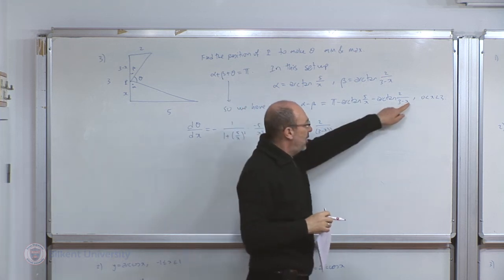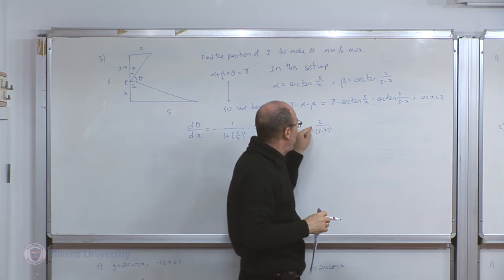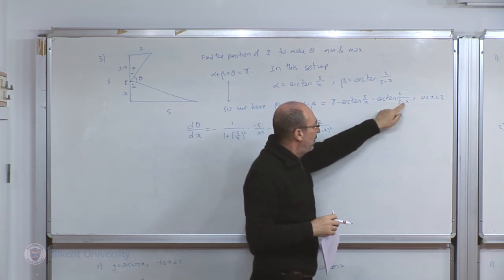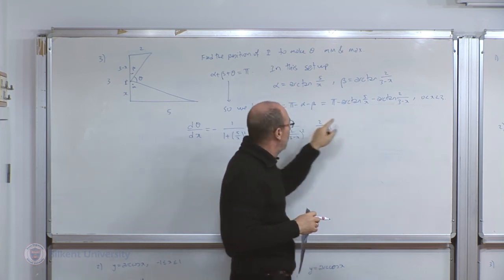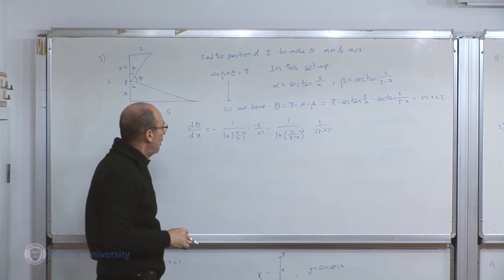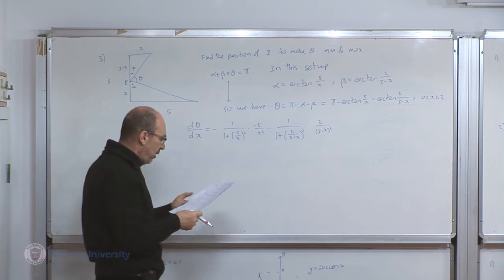This has power minus 1, so I have minus 1 here, but after I take the derivative, again by chain rule, I take the derivative of the inside, which gives me another minus, so I have plus here. Okay, so this is the derivative, and now you have to simplify it.